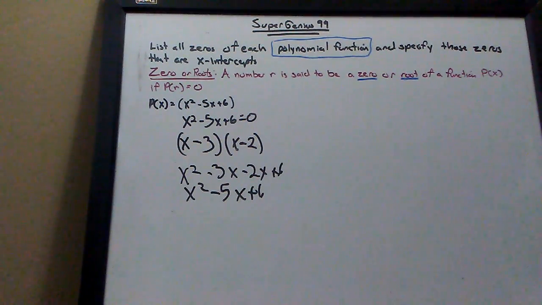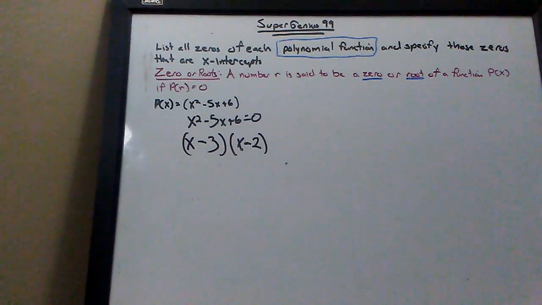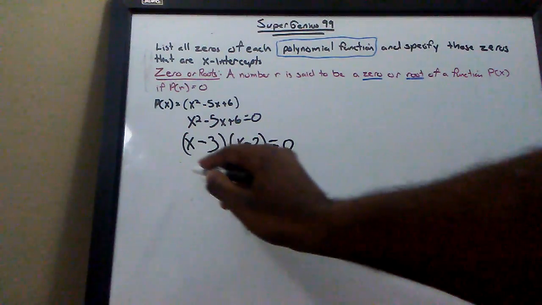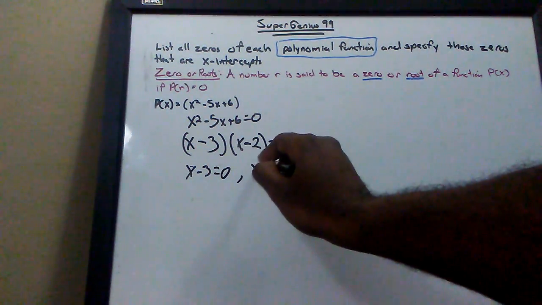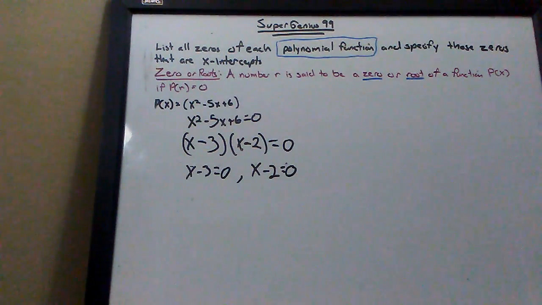So let's solve those two for 0. Set that equal to 0. Break them up. X minus 3 equals 0, and x minus 2 equals 0. Okay. And then when you solve for x minus 3 equals 0, that gives you what?